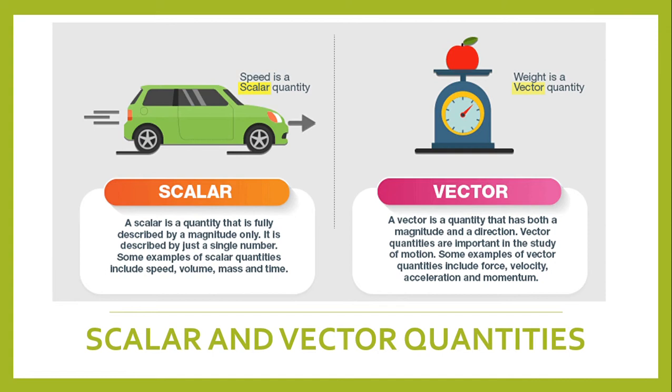Let's just say if I open the door right now, I am applying a magnitude of force, but in what direction am I pulling the door, or what direction am I pushing the door, right? So push and pull are in different directions. So to define a force fully, we do need a magnitude as well as the direction of the force. Similar is the case with velocity, acceleration, and momentum.